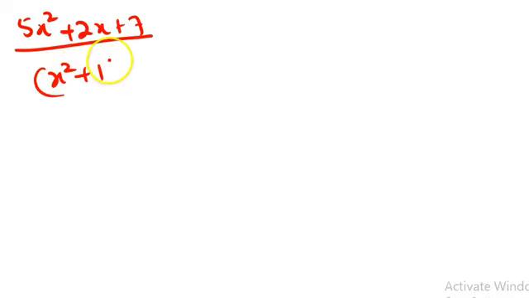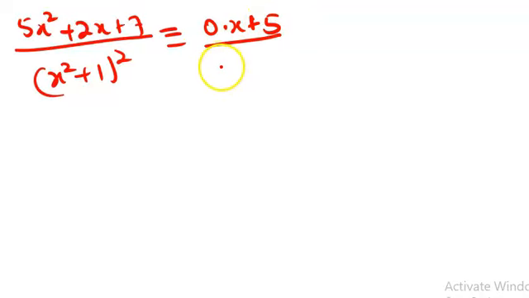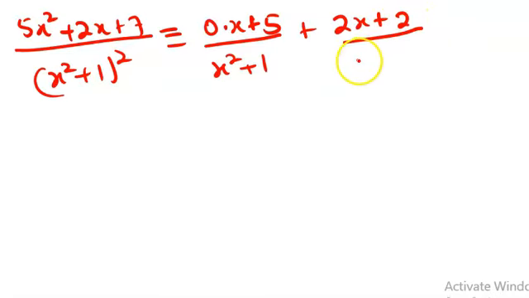We have 5x squared plus 2x plus 7 over x squared plus 1 all squared equivalent to, now we said that a is 0, so 0 times x plus b, b is 5, over x squared plus 1, plus, we said cx plus d, so c is 2, so 2x plus d, and d is also 2, over x squared plus 1 all squared.